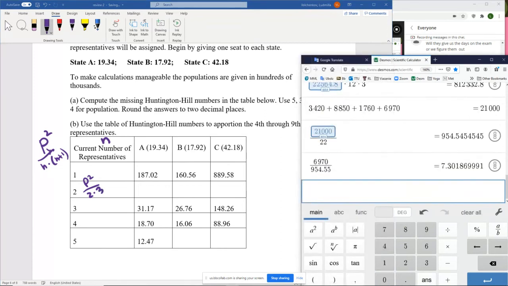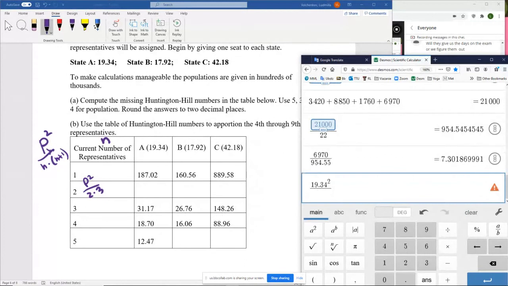Okay, so for state A, 19.34 squared divided by 2 and by 3.